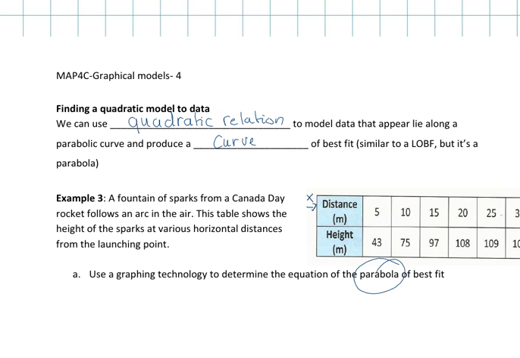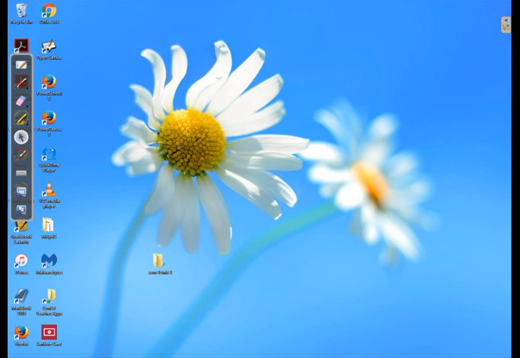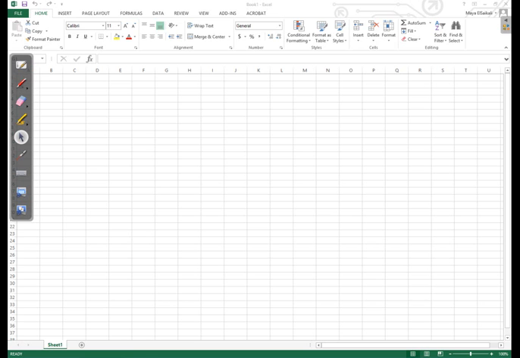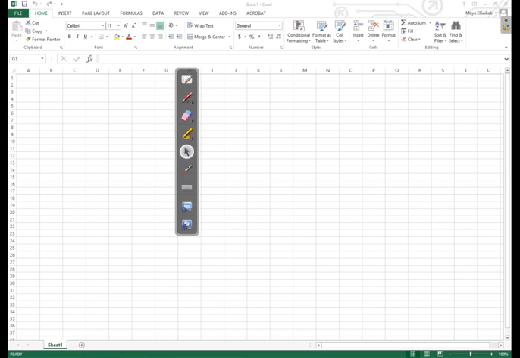The X usually is given first. Once we see a table like this, the first row is always X, unless it's written in column form, then the first column would be X. So we're gonna enter the values of X.